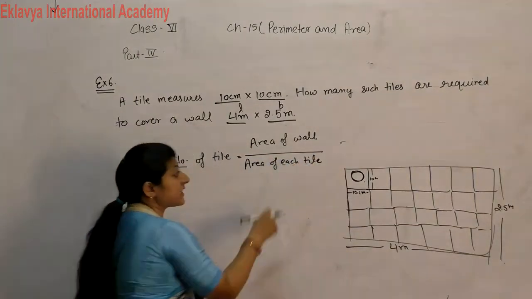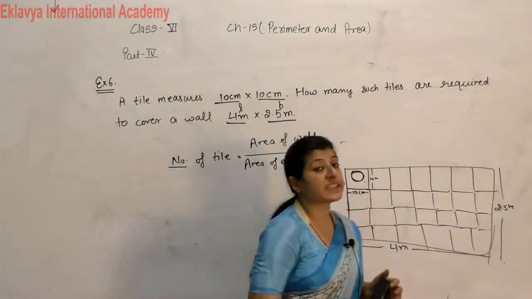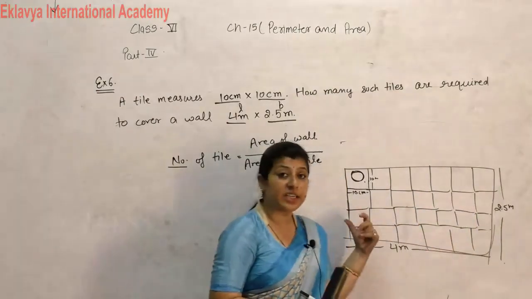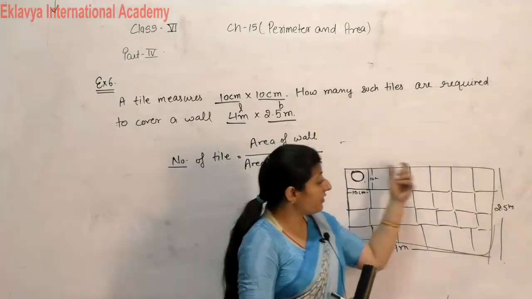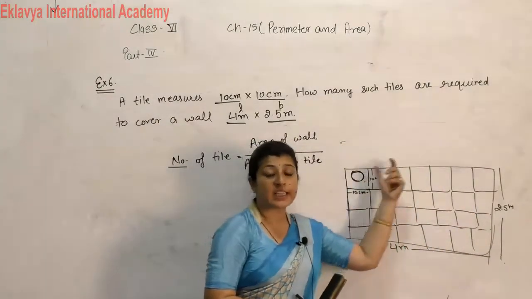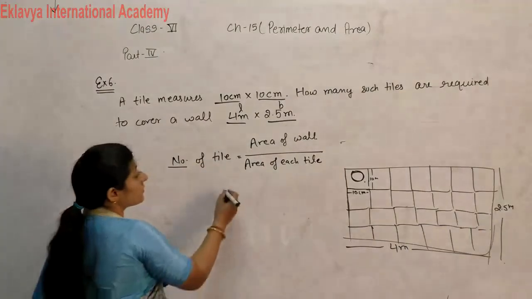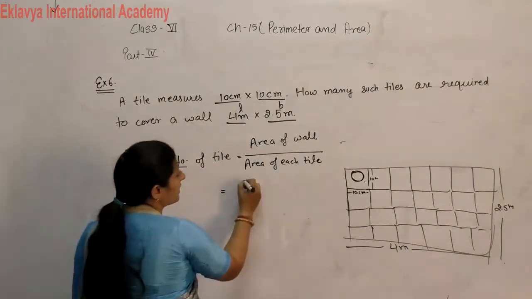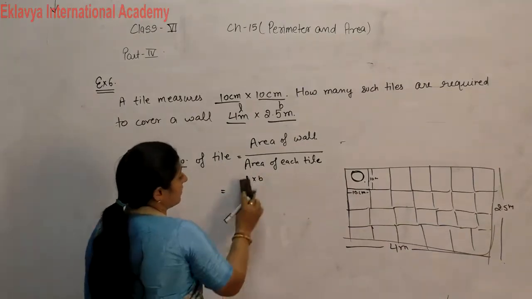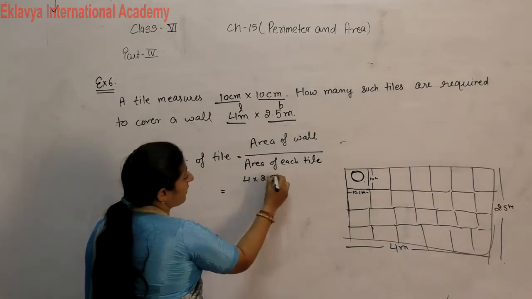How much area is one tile, meaning how much area one tile covers on that wall, that much part each tile will cover. So if we divide the area of wall by the area of one tile, then we find the number of tiles. So what is the area of the wall? That is equal to length multiplied by breadth, or you can write directly 4 multiplied by 2.5.